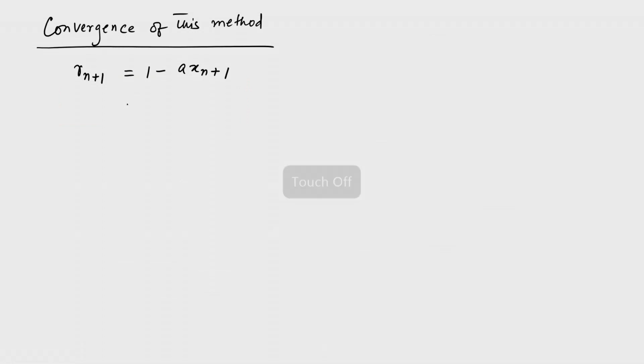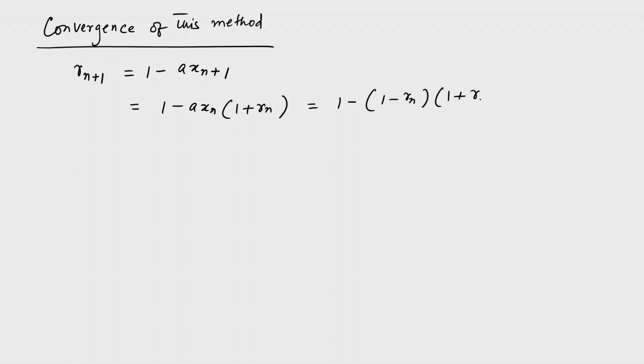So, we can write this as 1 minus a x n (1 plus r n), which is 1 minus (1 minus r n)(1 plus r n), because a x n is 1 minus r n. If you simplify this, just open the bracket, the terms cancel and what I get is that r n plus 1 is equal to r n square.